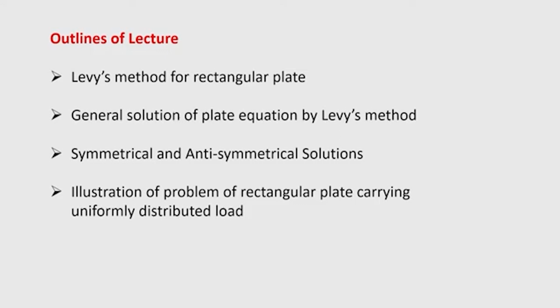So, you have understood that today our main focus is to analyze a rectangular plate using another method; whichever we learned earlier was Navier's method. Now, we will analyze a rectangular plate using Levy's method. So, let me see what is the difference between these two methods. If we recall Navier's method, then we used the double trigonometric series for the solution of the plate deflection.